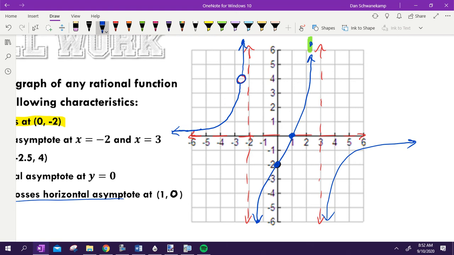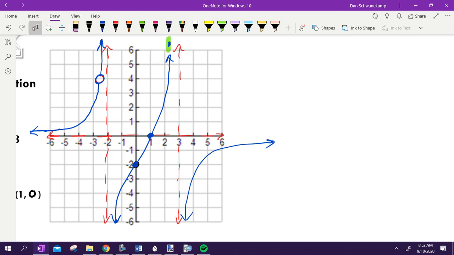Great. Now let's write the equation. f(x) equals... I got to write an equation for that. All right. So you're kind of going backwards here. We've got the information. Now we're going to write the equation. What is something that stands out that I need to write into my equation? Aaron, what do you think? Vertical asymptotes.